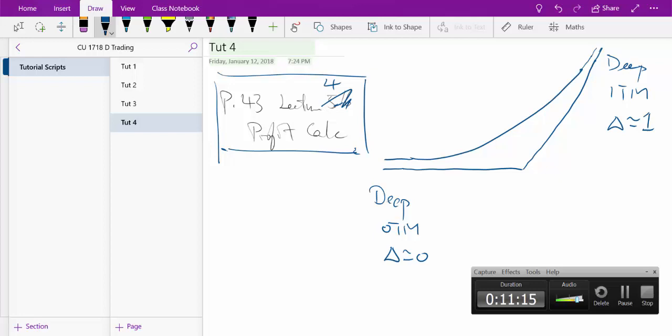The definition of delta is, when the stock price is changing, how much does the option price change?